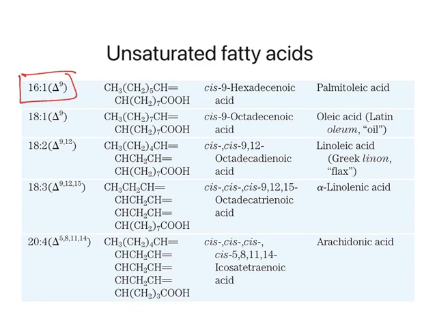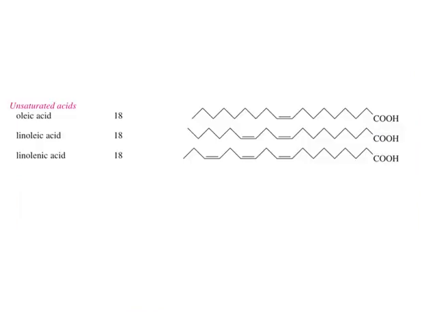To give you examples, see unsaturated fatty acids, oleic, linoleic and linolenic, all of them contain 18 carbons. The numbering starts from here: first one, 2, 3, 4, 5, 6, 7, 8, this is 9, and between 9 and 10 there is a double bond.